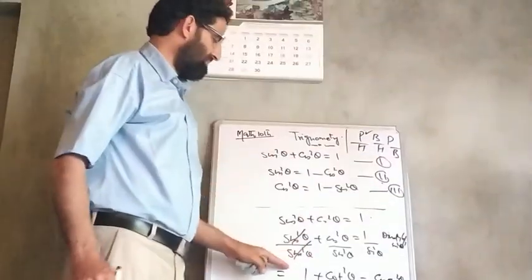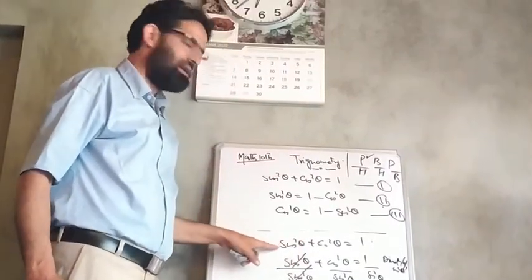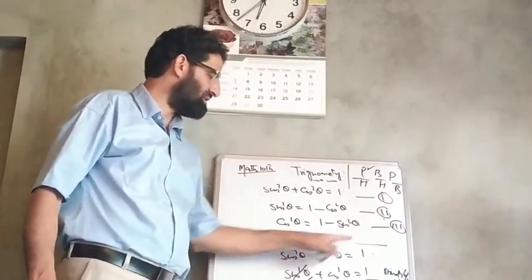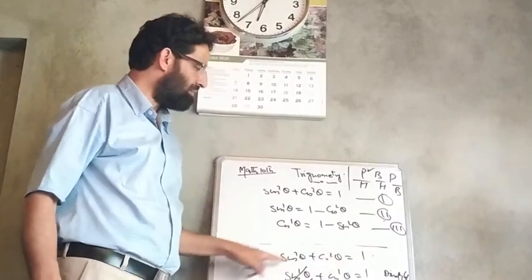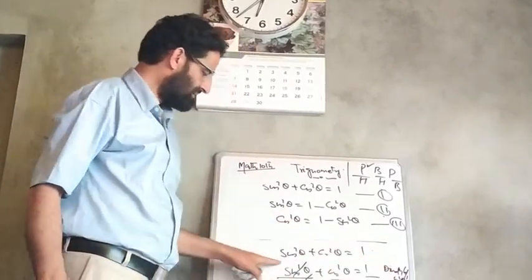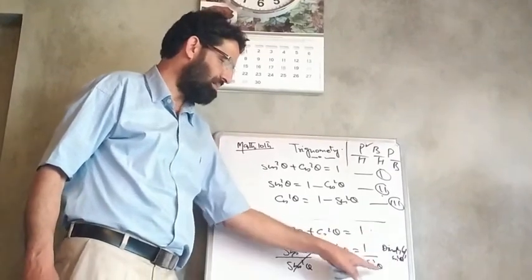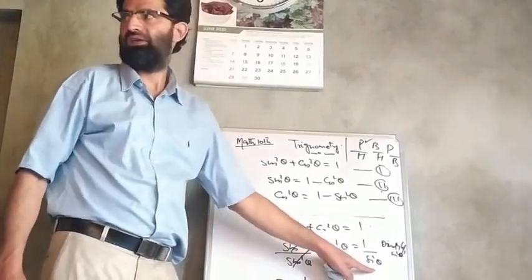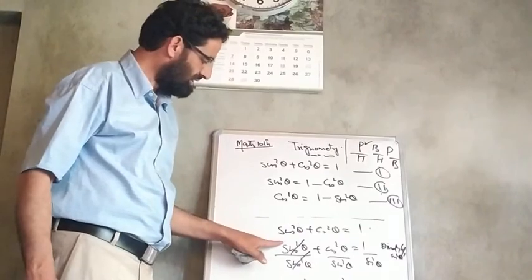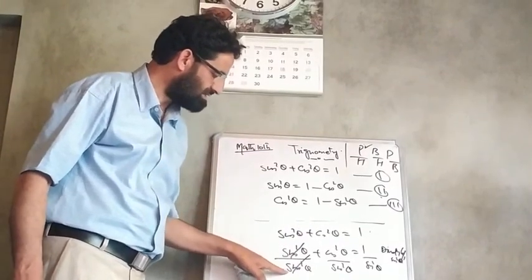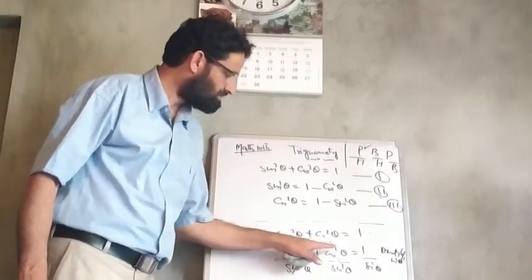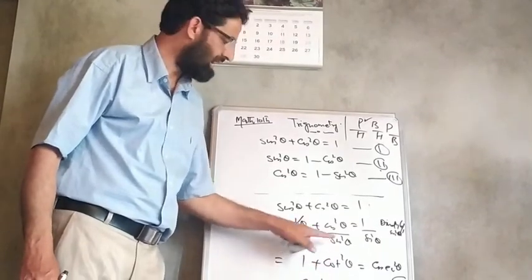So this is very simple. Again we write this fundamental identity, sin square theta plus cos square theta is equal to 1. Now dividing both sides by sin square theta: sin square divided by sin square, cos square divided by sin square, 1 divided by sin square. So we are dividing each term by sin square. In this case, sin square will get cancelled. We are left with 1. Cos by sin is cot, because sin by cos is tan.